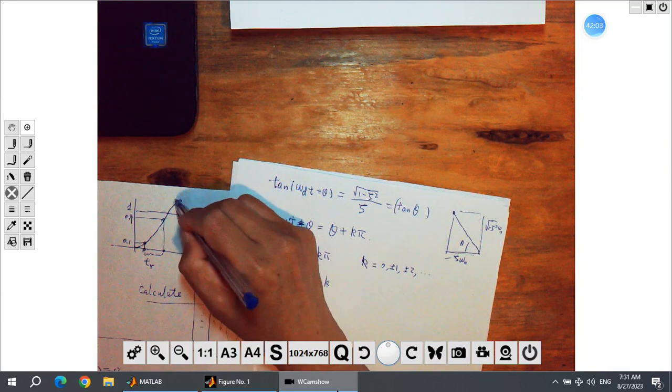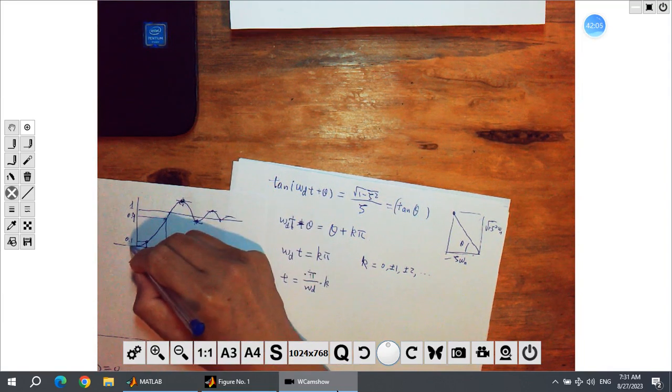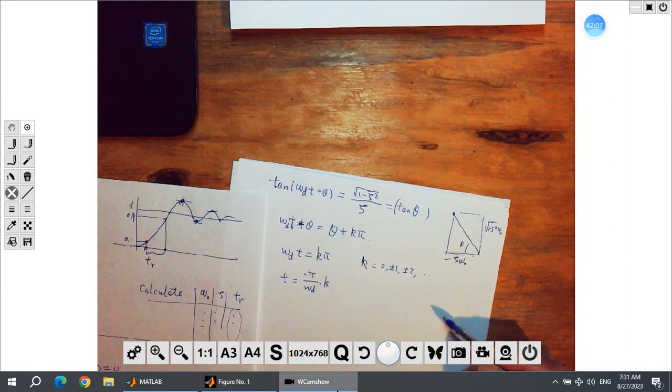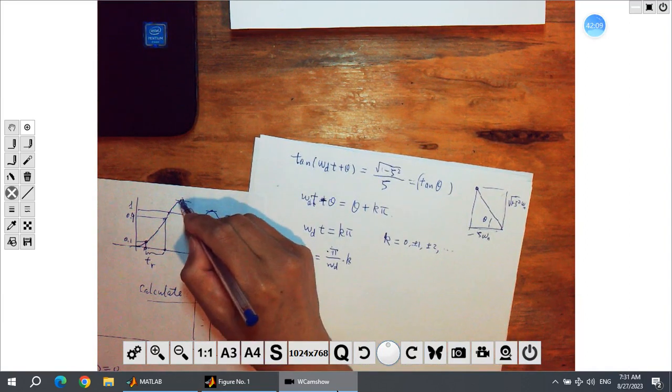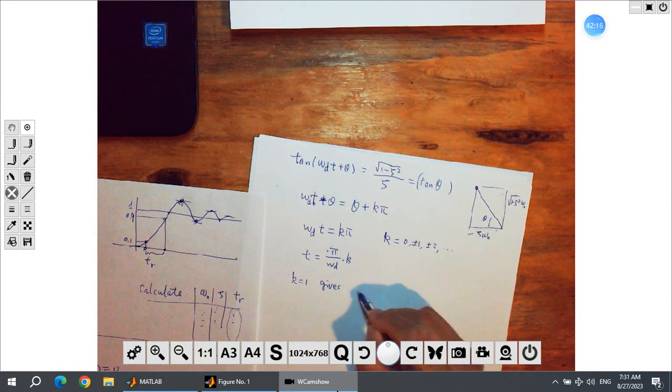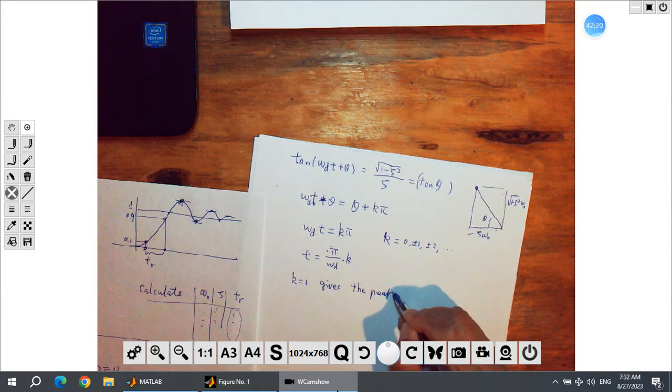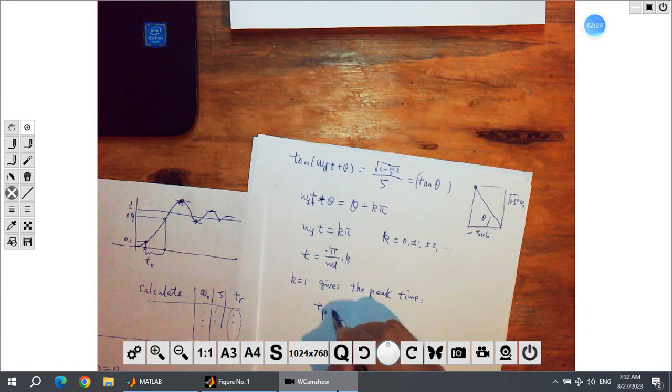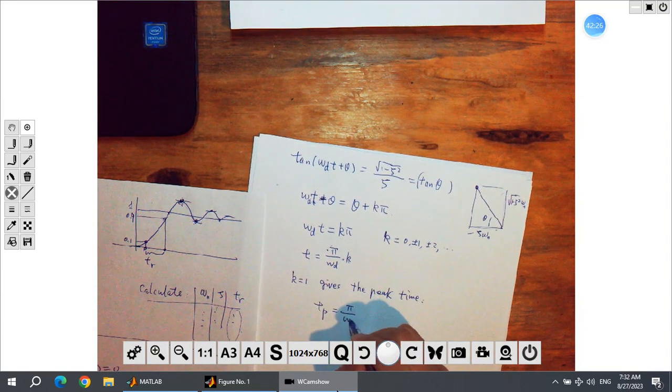But we only need the first one. The first one gave us the peak. So k equal to 1 gives the peak time. We write it as Tp equals pi over omega d.